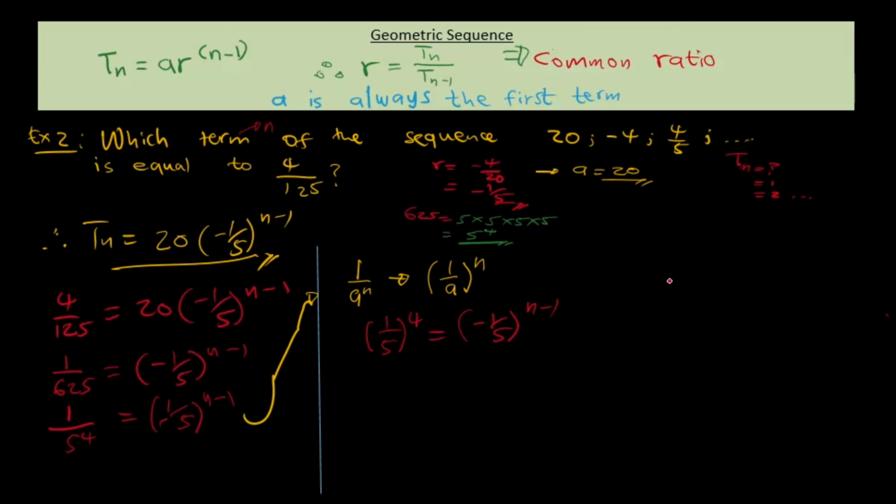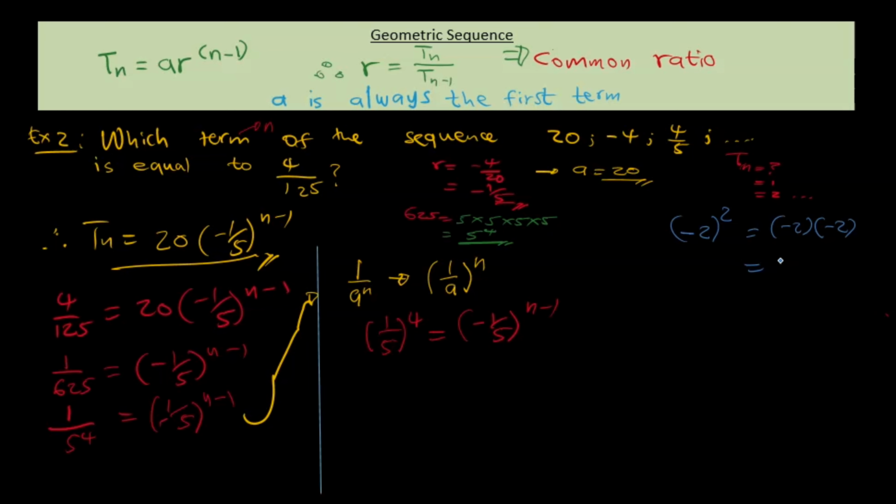So remember, I'm going to use an example. Say you have (−2) raised to exponent 2. This is the same as (−2)(−2).